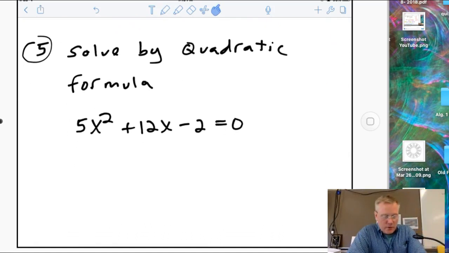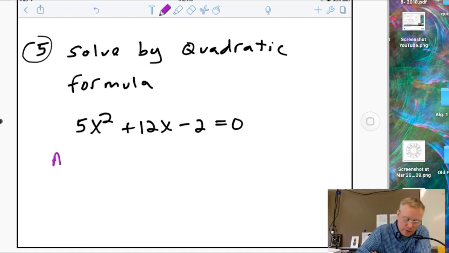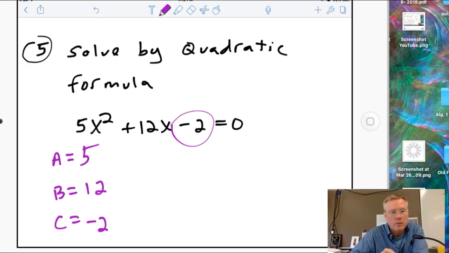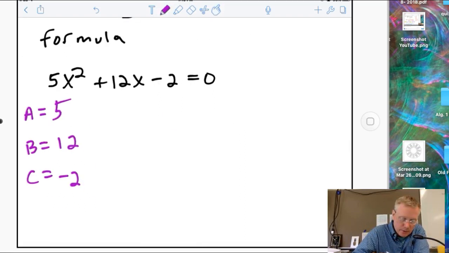Okay, this one, solve by quadratic formula. So, I always write down what a, b, and c are. The reason is because if I go into that equation enough times and pull out that negative 2 for c, I will eventually pull out a positive 2. I've done this enough times that that's the reason I write down what a, b, and c are on the side of the paper. And then I plug them into the formula.